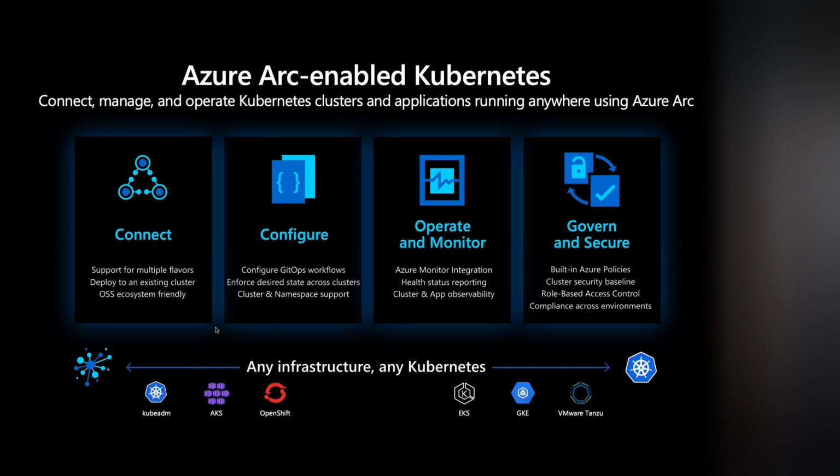You can connect all these clusters to Azure and start deploying applications to these clusters using, for example, a GitOps-based model. Additionally, you can enable cluster health monitoring with Azure Monitor. That's a big thing, because you will be able to monitor not only Azure AKS clusters but also Kubernetes clusters running elsewhere, for example in GCP, AWS, or VMware.